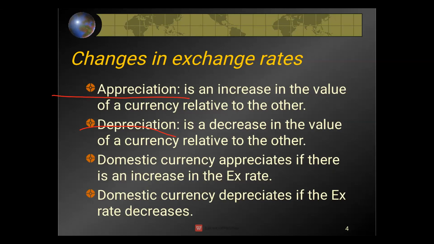You can still interpret the depreciation of a currency when the rates increase. That is another approach of looking at it. However, that is not really direct. Okay, so just get that. So now the domestic currency would depreciate if the exchange rate comes down. That is the direct approach to exchange rate interpretation.